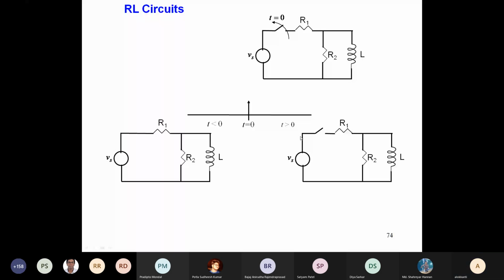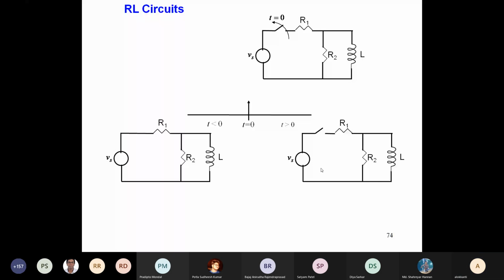Now, if a source is disconnected from the circuit, there will be no electrical quantity flowing in that circuit. But in this case, we have an inductor, which we have studied is an element that can store energy. So even if the switch is opened, due to the energy that has been stored, there will be some amount of current in that circuit.